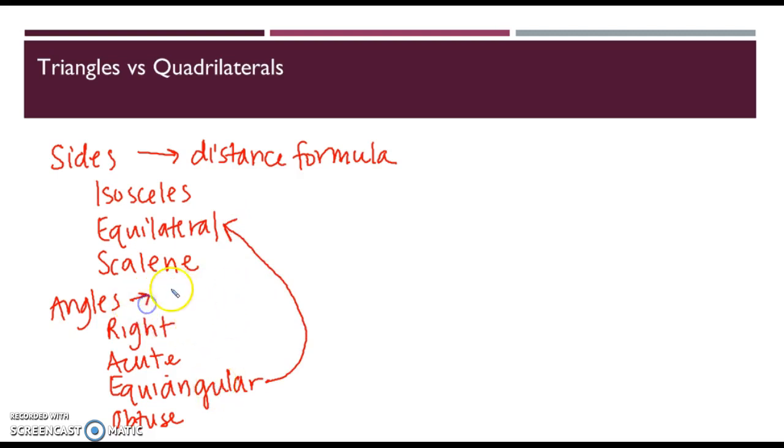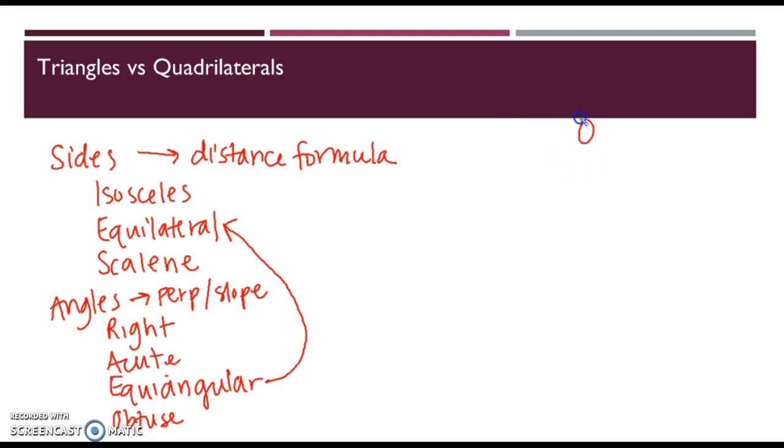But to do the angles, we end up looking at parallel versus perpendicular, or slopes, which in this case we would use perpendicular, because none of the sides in our triangle are going to be parallel, or it wouldn't be a triangle. So we compare our slopes to see what kind of angles we have going on inside of the triangle.